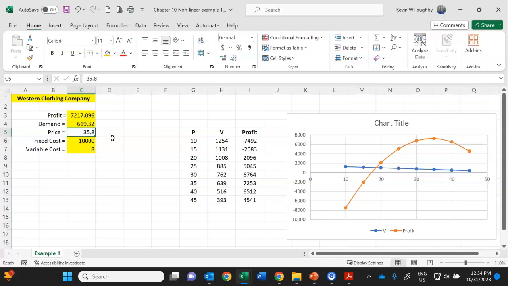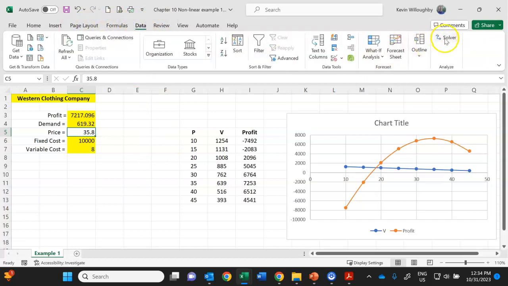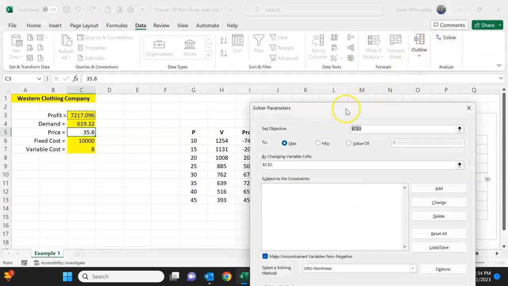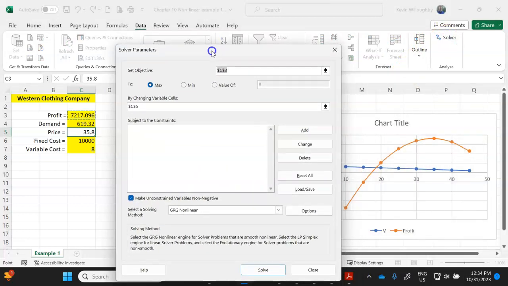What we can do is in Solver, we can use this Solver function, Solver tool. So we want to maximize our profit. So we're maximizing where we have that profit, C3, by changing values in our price. We're only adding that one, changing the variable, changing the price.